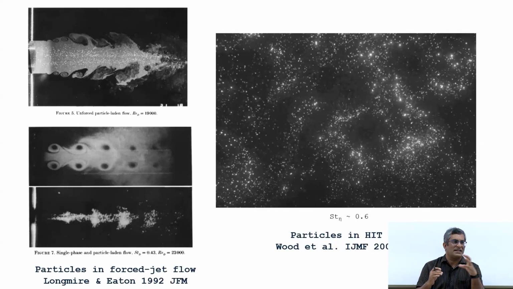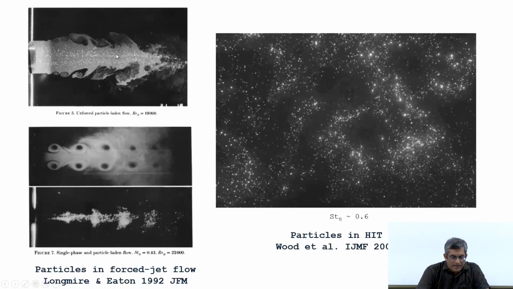They forced the jet such that there is some pulsation in the jet, and they wanted to study how the particles behave. This photograph here is an example of the case where they are not forcing the jet. So, this is just one turbulent jet. You can see the Reynolds number is quite high and they introduce the particles, and the particles mostly stay at the center.